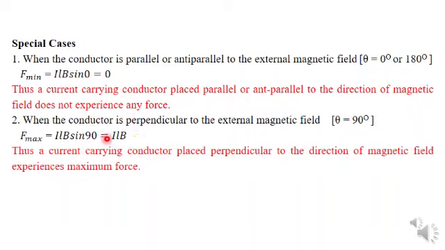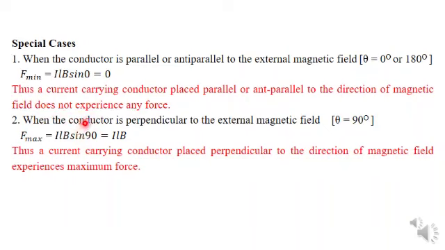For a particular current carrying conductor, the current through it, I, is constant. Its length L is also constant. If this conductor is placed in a constant field, B is also constant. This means we can say force depends, in a particular situation, on sin theta.